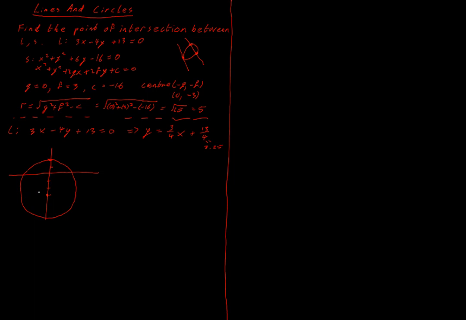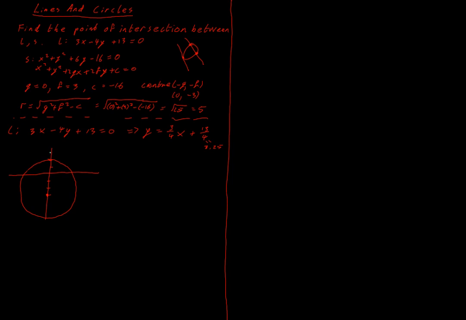And I know I have a tangent because I know I have a point of intersection. So I know I have a line that is going to just touch the circle that has a slope of 3 over 4 and crosses the y-axis at 3.25.